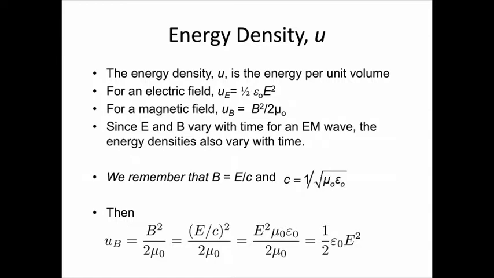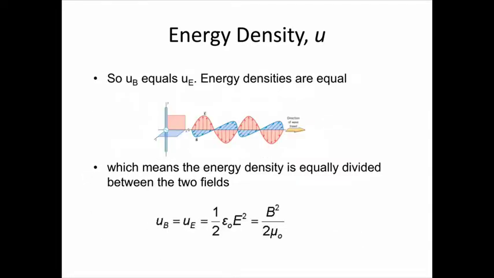So we end up with the expression for the energy density in the magnetic field as a half epsilon naught E squared, which is equal to the energy density in the electric field that we were given up the top. So we get U sub B equals U sub E.